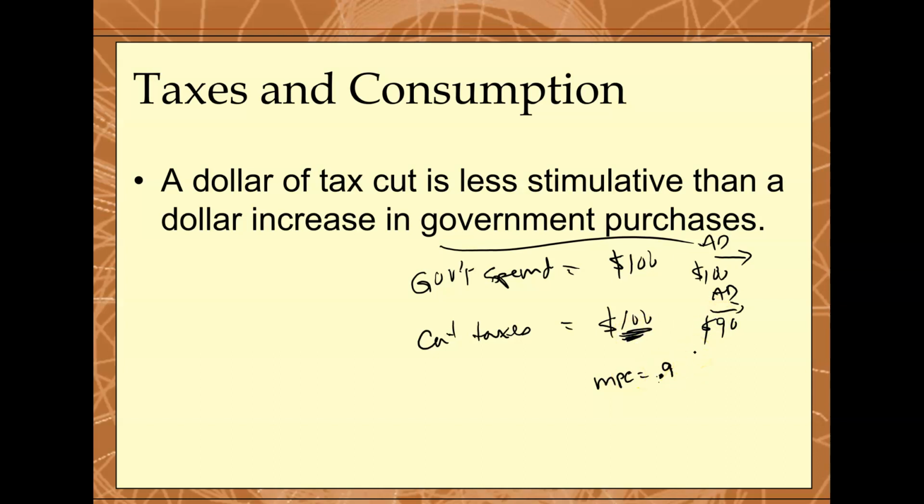So do you see, when the government spends money, it spends all of it, $100. When the government cuts taxes and gives more money to consumers, consumers will only spend a portion of it initially. That's why a tax cut is less stimulative than a government spending program.